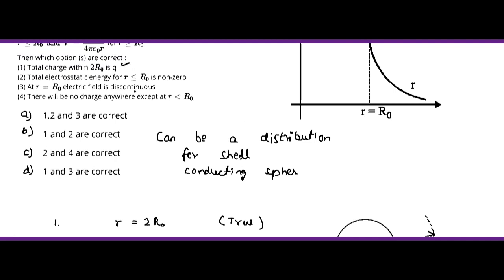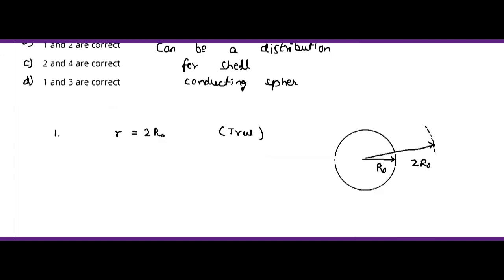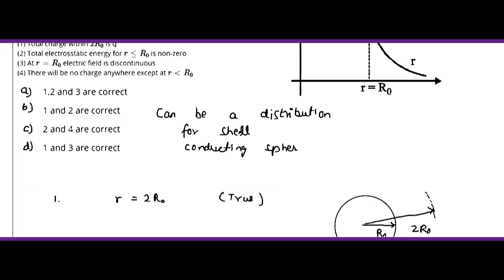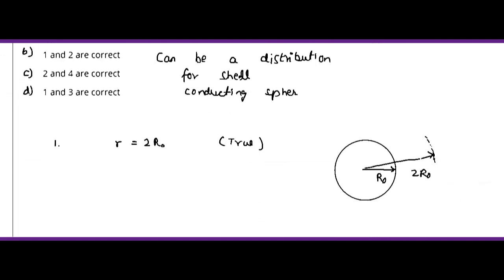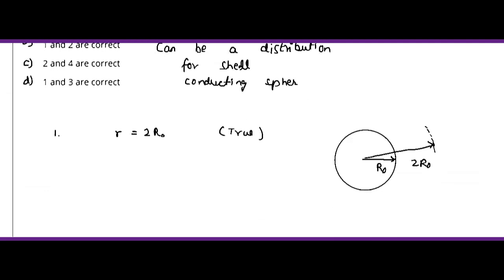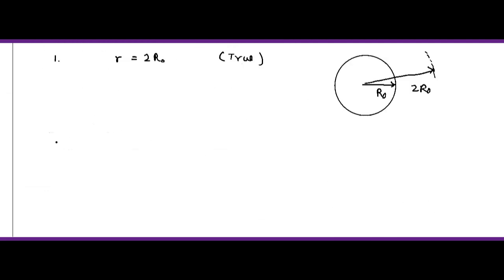Now, the statement says the total electrostatic energy for R less than 2 R naught is non-zero. We know that the potential energy would be equal to Q multiplied by the change in potential.